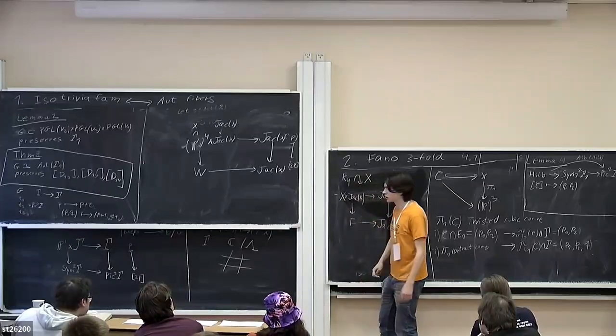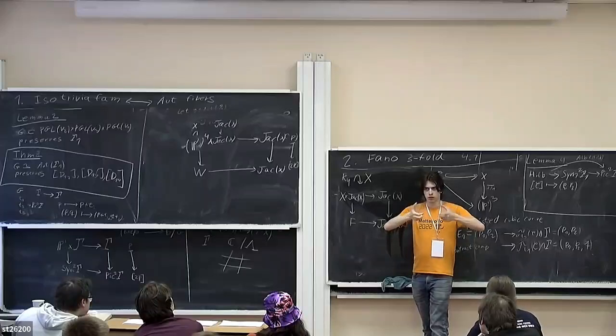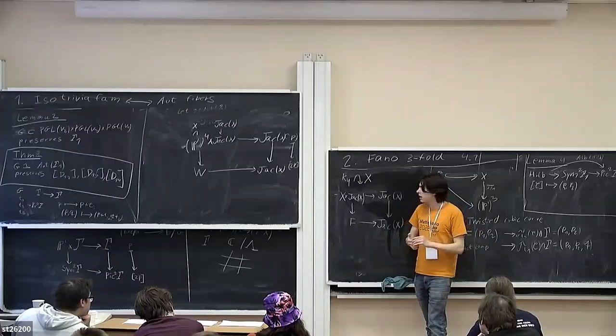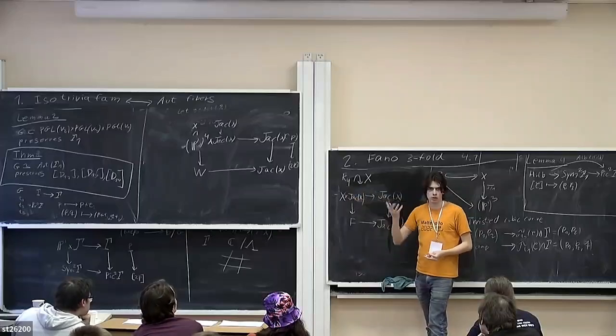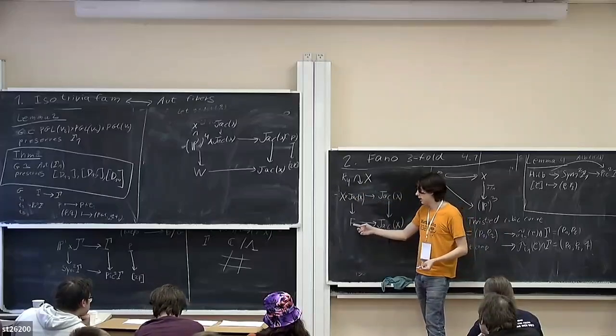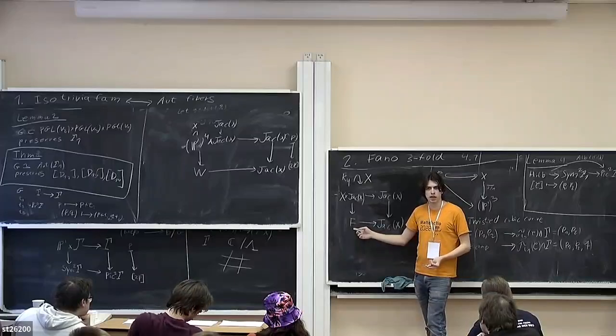Where instead of using the action which didn't permute the generators of the Picard group, this action permutes the generators of the Picard group. Then I think I'm right in saying that this family has a relative Picard rank 1.